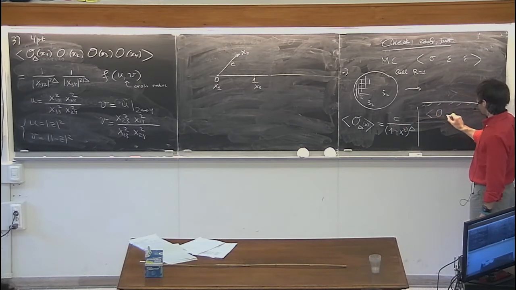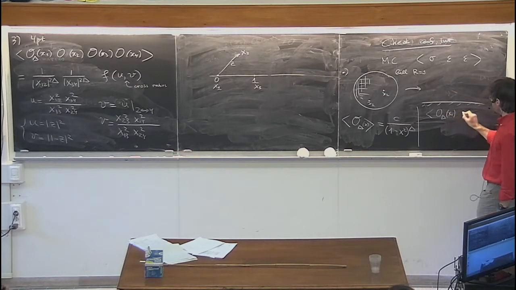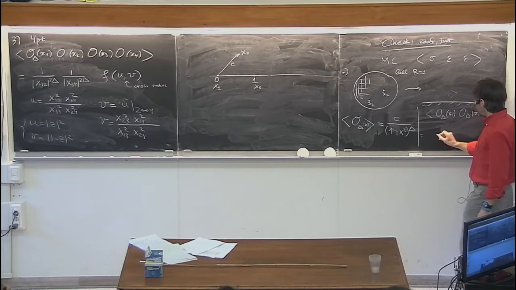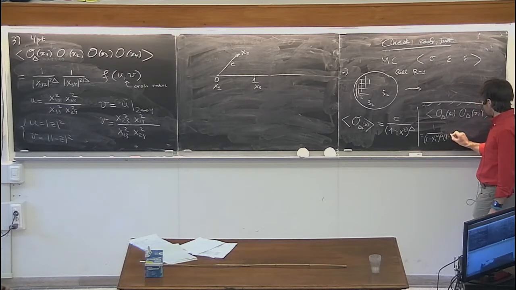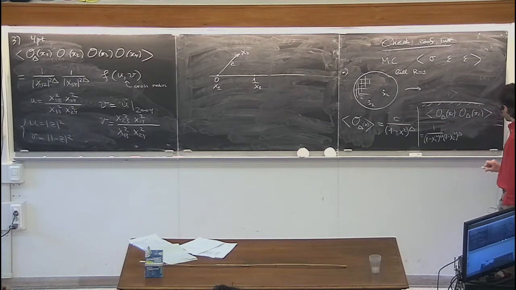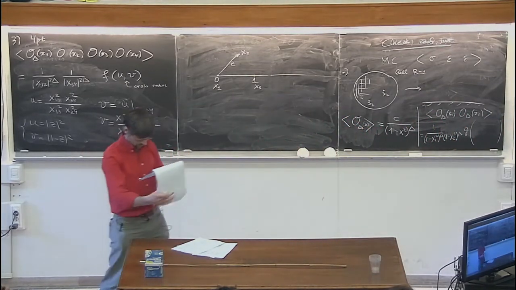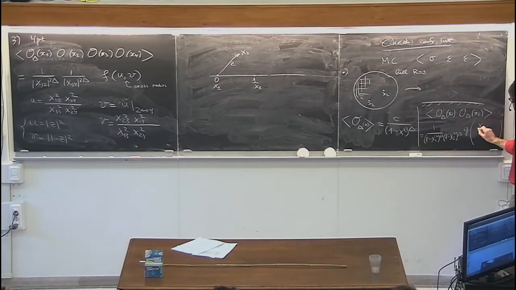Analogously, if you take a 2-point function of delta at x1 and delta at x2, then this has to be equal to 1 over (1 minus x1 squared) to the power delta, (1 minus x2 squared) to the power delta, times a certain function, which is not easy to compute, but we know that it should depend on x1 minus x2 squared divided by (1 minus x1 squared)(1 minus x2 squared).